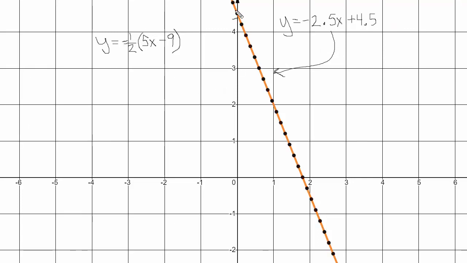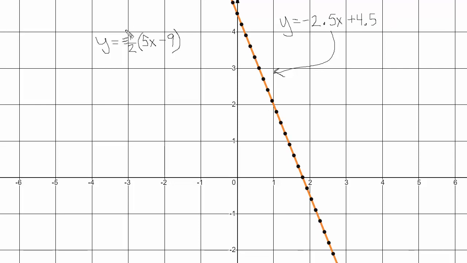Okay, so I've used the black dots to show the graph of the line y equals negative 1/2 times the quantity 5x minus 9, and if you notice, it's right over top. It's the same points that make the line y equals negative 2.5x plus 4.5. So why do you think that might be?